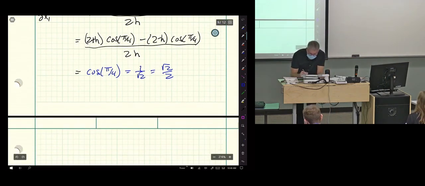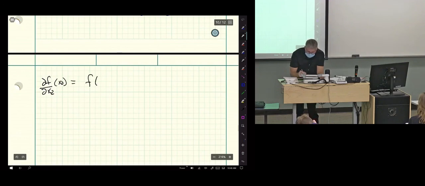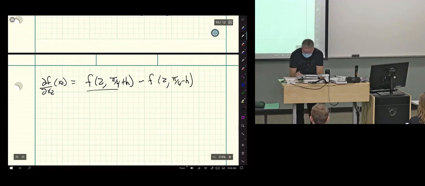And then the other one's more interesting because it's messier. So I'm going to set this as 2. Then I perturb the second variable by h. If I'm doing a symmetric difference, I perturb the second variable by minus h.